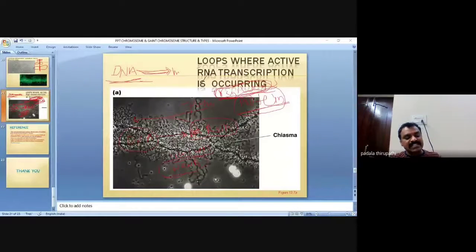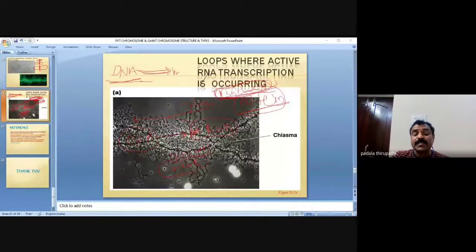Still now, research is going on about B chromosomes. B chromosomes are very small compared to other chromosomes and are identified only in plant species, not animal species. Whereas polytene chromosomes and lamp brush chromosomes are identified in all living organisms, plant species and animals also.